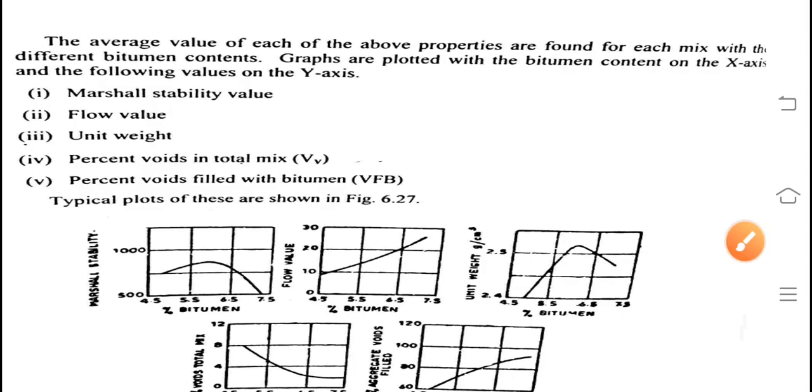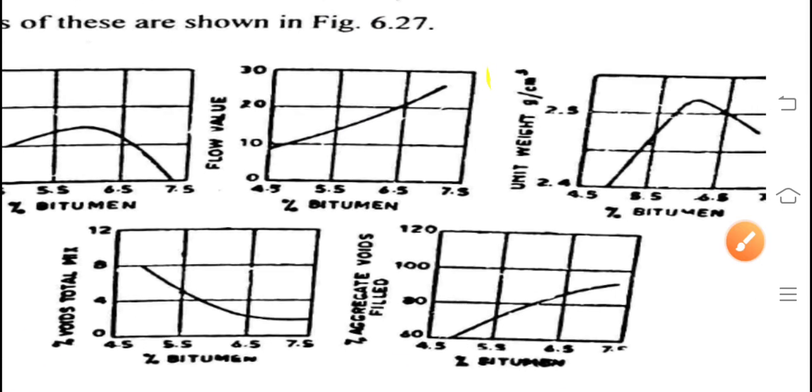See, in the first case, if you zoom it, you will get it. Marshall stability on the y-axis, bitumen percent on the x-axis, say 4.5%, 5.5%, etc. In this curve, as the bitumen content increases, Marshall stability keeps on increasing and then it falls down, similar to OMC, you recall.